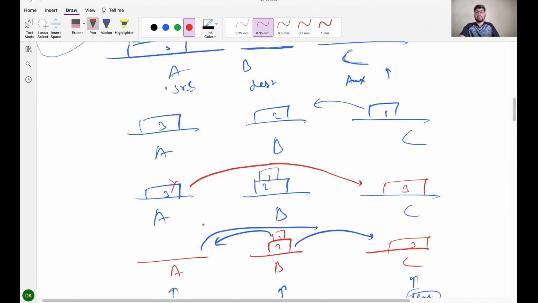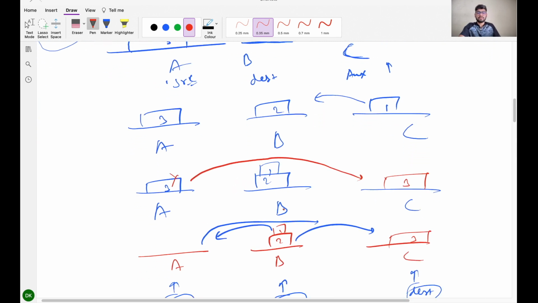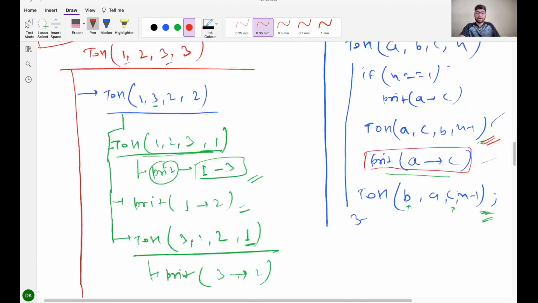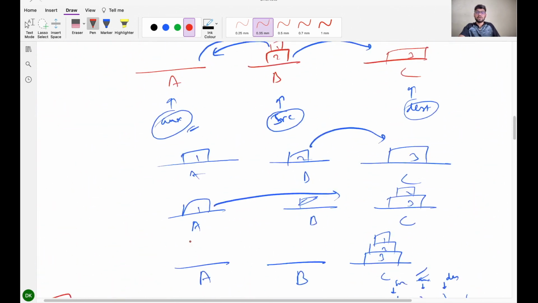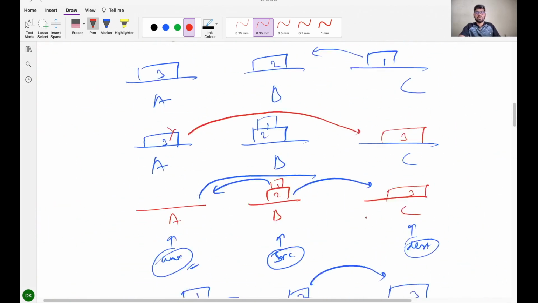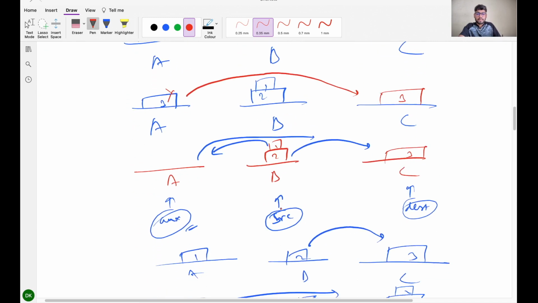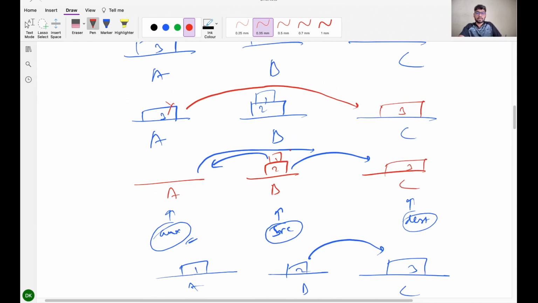So after placing all my n minus 1 disks from A to B, I am placing my largest disk, the third disk, from A to C. In my next step I am calling the next recursive call, placing all my n minus 1 disks from B to C using A as an auxiliary.